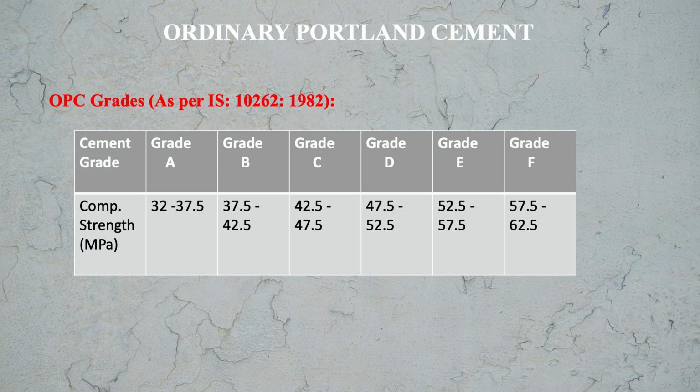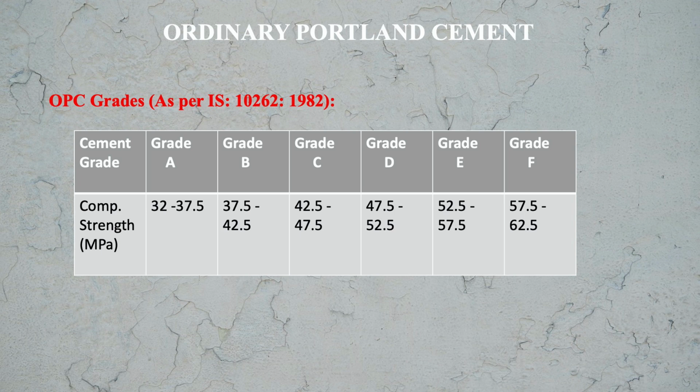So this 33 grade cement, for which the specifications are given in IS 269:1989, will fall in the grade A category. If we look at 43 grade, then you just look at grade C. It is having range 42.5 MPa to 47.5 MPa. Then this 43 grade cement will belong to the grade C OPC as per IS 10262:1982.